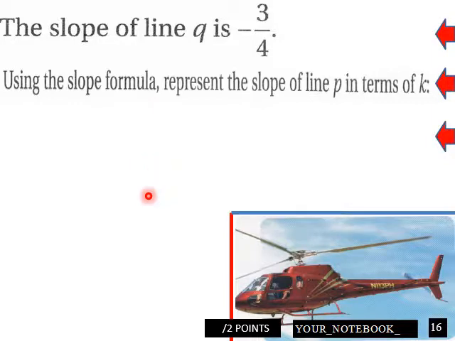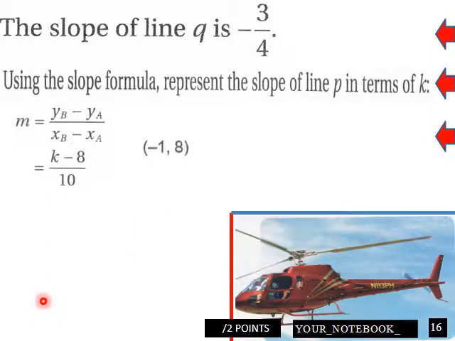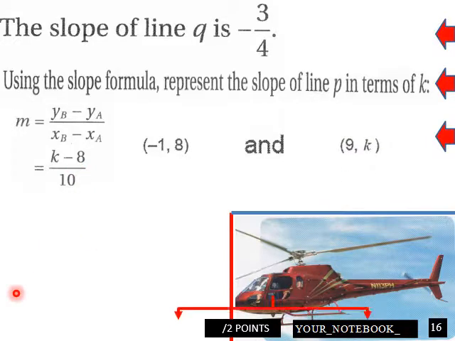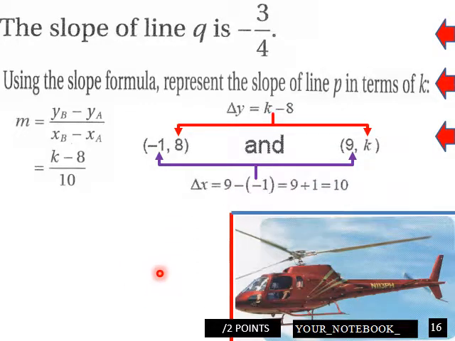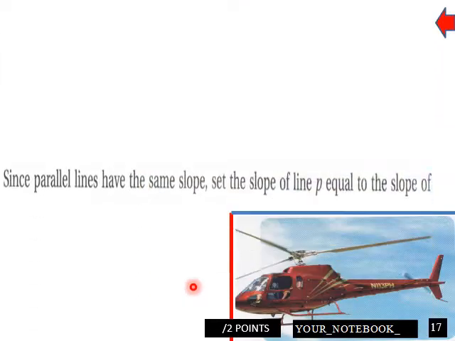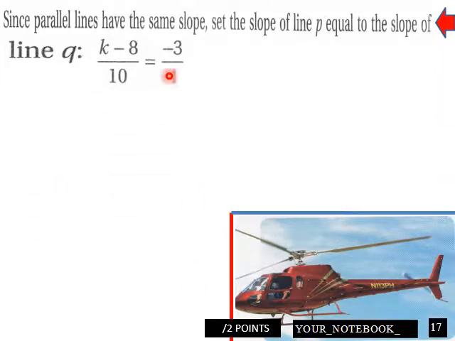Using the slope formula, we represent the slope of line P in terms of k. So that would be delta y equals k minus 8. Then delta x would be 10 here. So when you have k minus 8 over 10, it'd be negative 3 over 4.